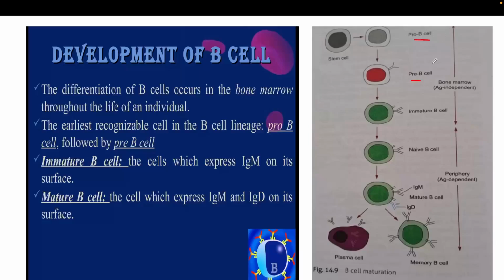Till this process it is called the antigen independent process, because here there is no role of the antigen, and it takes place in the bone marrow, which is a primary lymphoid organ.